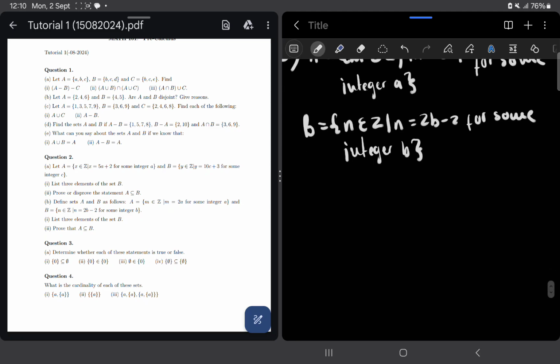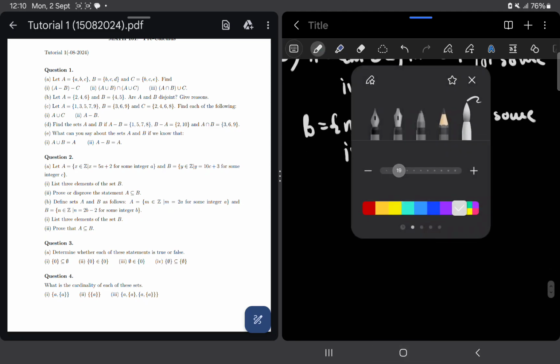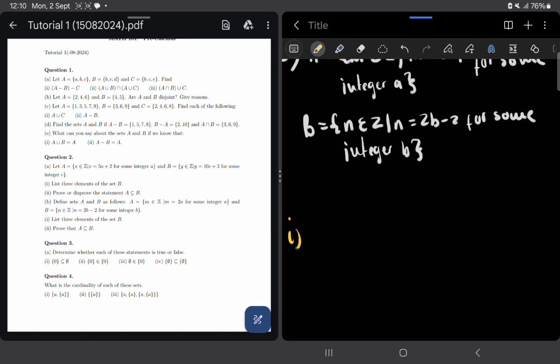Now here the question says, part I, okay? Part I says, list 3 elements of the set B. So the set B is N values, which are from this equation, N is equal to 2b minus 2. If I want the elements of B, they are called N's.